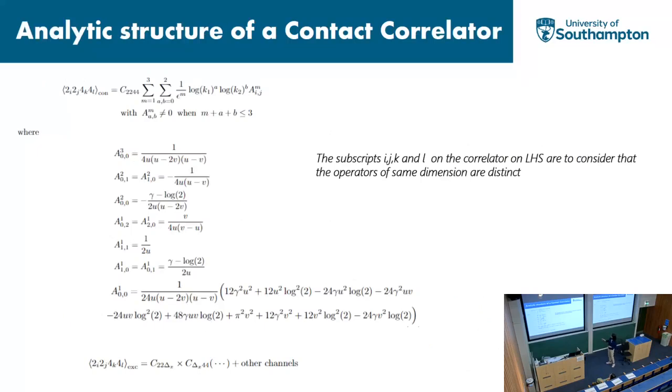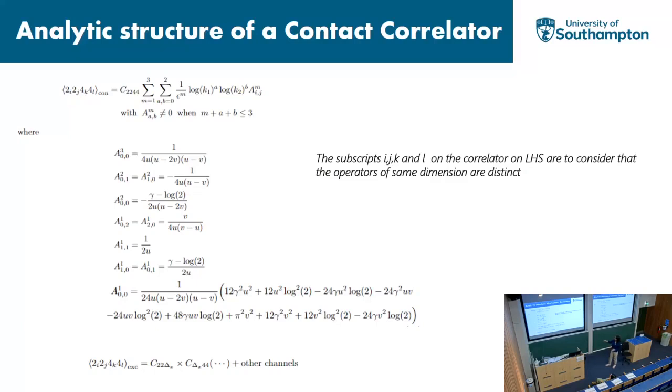Here I have explicitly written down the analytical structure of one such contact correlator. So this is the 2244 correlator, and this is how the divergences look. IJKL here is just to take into account that operators with the same dimension can still be distinct. Eventually we can take I equals J and K equals M and work things out.